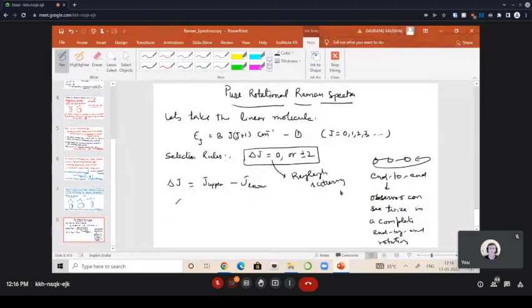Now, if you take delta J plus 2, the change in the energy is delta E equal to E J dash equal to J plus 2 minus E J dash equal to J. Putting J plus 2 and J in equation number 1 and finding the difference, you will see that the change in the energy is equal to B into 4J plus 6 centimeter inverse.